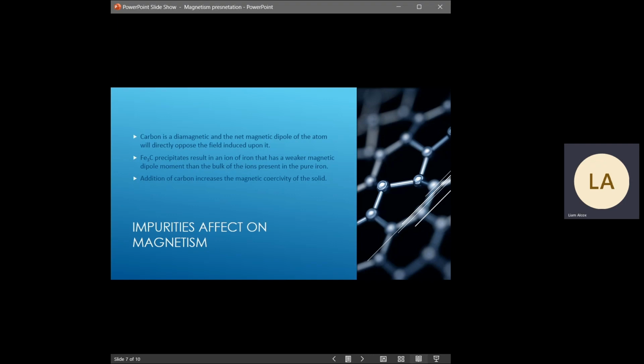I performed an experiment in which I explored how impurities affect the force induced by magnetism on iron. I compared carbon steel 1144 and high purity iron. And this is a summary of that experiment.